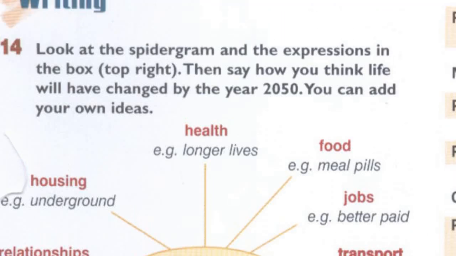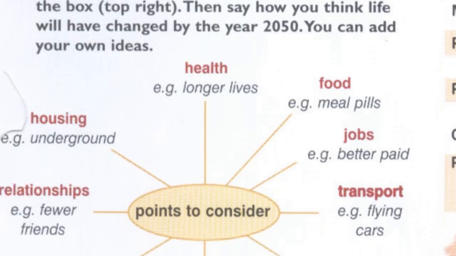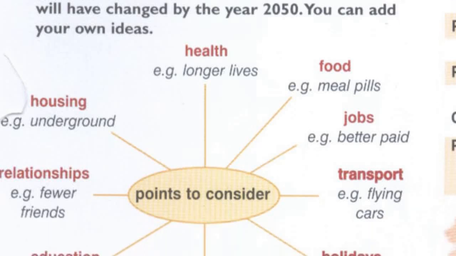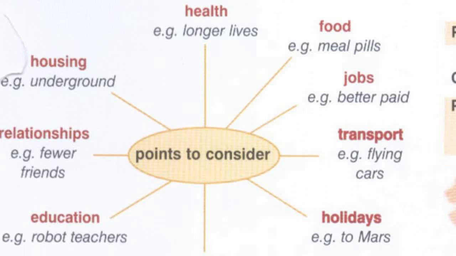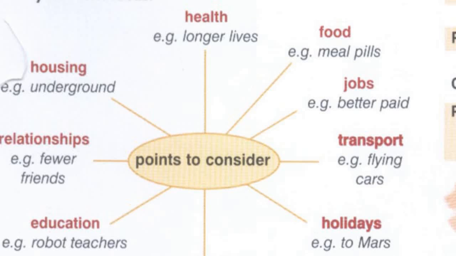Look at another part. Exercise number 14, another. In exercise number 14, look at the spidergram. Spidergram, you can see sort of graph that looks like the spinning of spider web or cocoon. Look at here, at the center you can see something, and then spread of or spinning of web around.